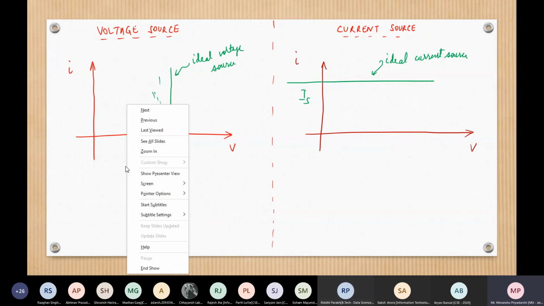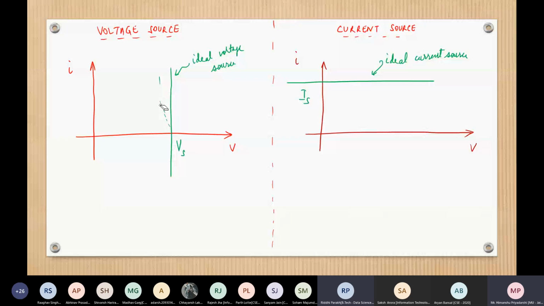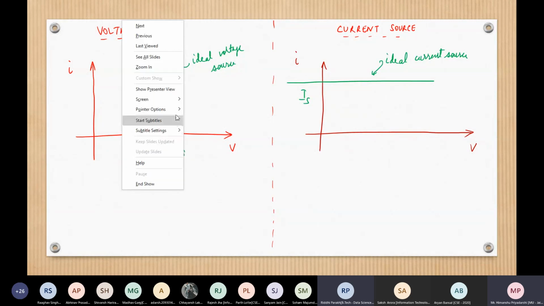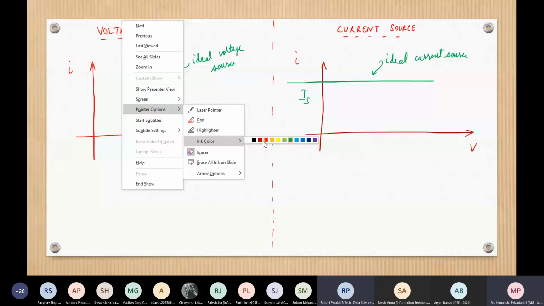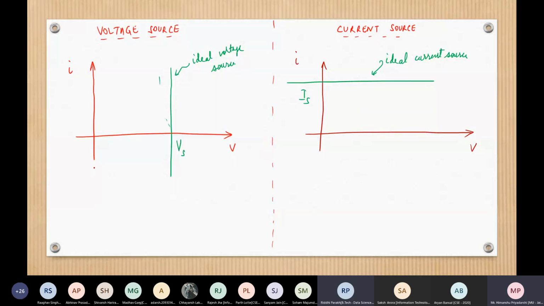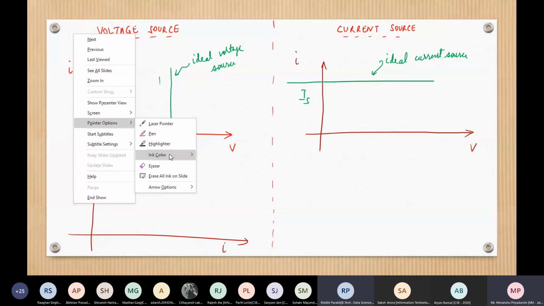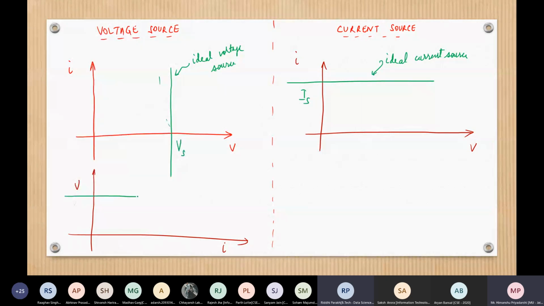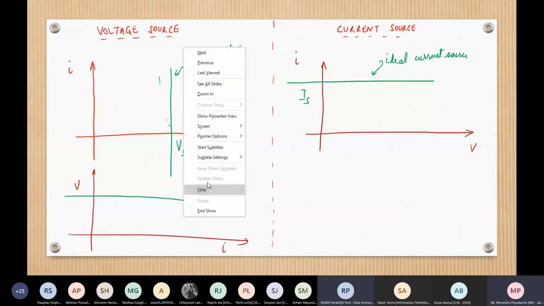I will flip it for your understanding. Sorry, it has to be a straight line.